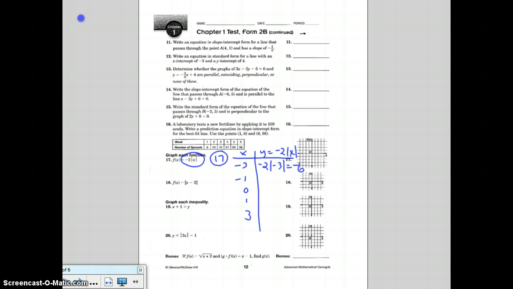And then for -1, I have -2 times the absolute value of -1 is -2. I put 0 in, I get -2 times 0 is 0. -2 times 1 is -2, and -2 times 3 is -6. So I have a set of ordered pairs, and I'm ready to graph that.